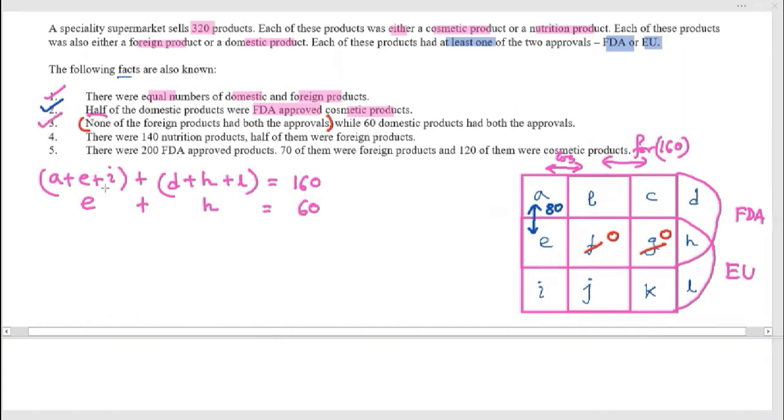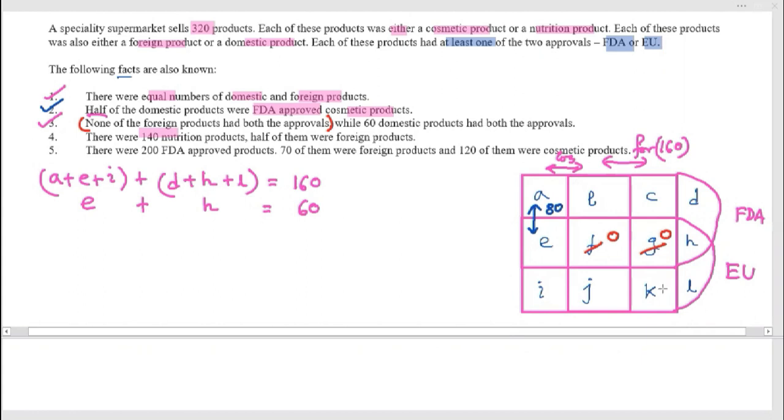Let me take the next point. There were 140 nutrition products. The counterpart of cosmetics, the complement of cosmetics, is nutrition. So nutrition is this. These taken together, that means C, G, K, D, H, L, is 140.